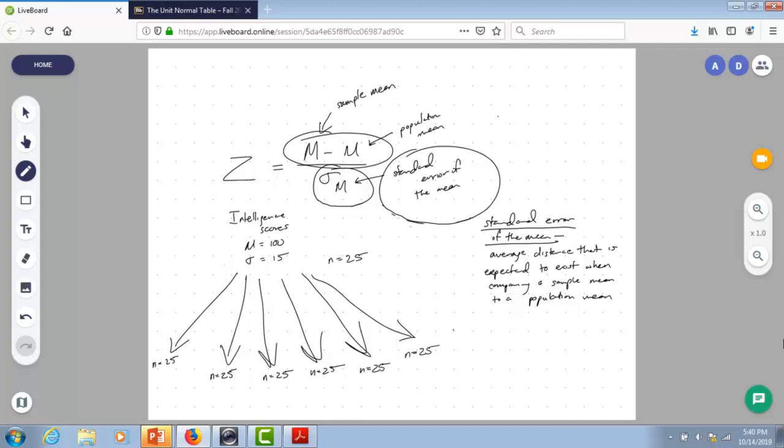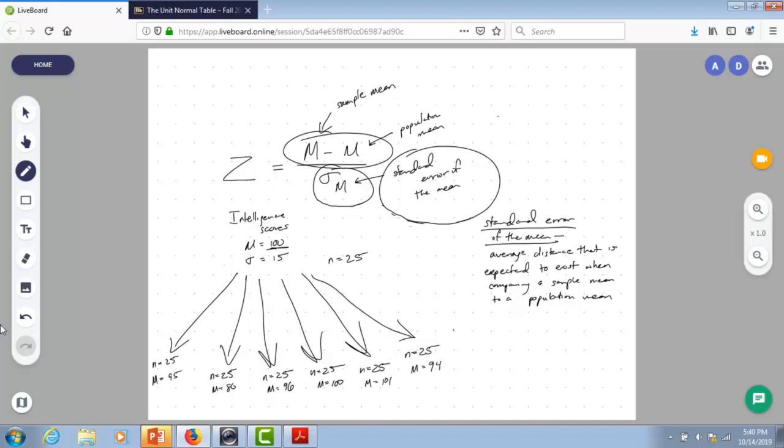Let's say we did this across 6 different iterations. It's very likely that our sample mean is not going to be exactly 100. Sometimes we may get a sample mean of 95. Sometimes 80. Sometimes 96. Sometimes 100, spot on, right? Sometimes 101. Sometimes 94.